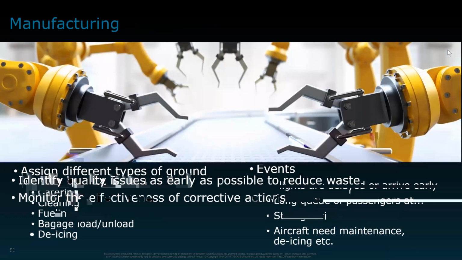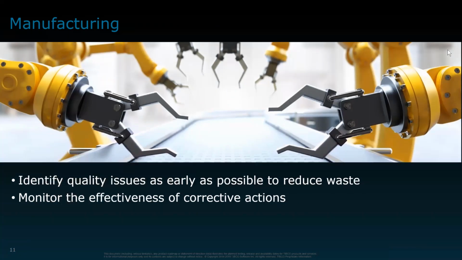In high-tech manufacturing, you have quality issues, and of course you may want to identify those quality issues as early as possible to reduce waste, and monitoring the data in real time is obviously one way of doing that quickly. Then, once you have taken some sort of corrective action to correct the problem, you may want to monitor that to see that the corrective action has the desired effect.